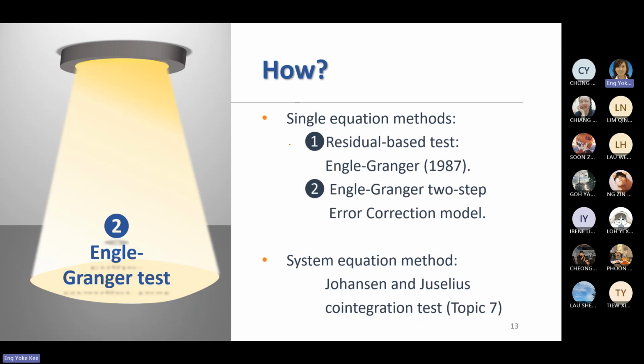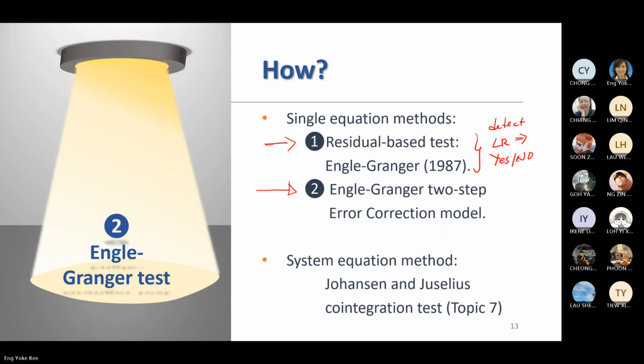In this topic, we are going to look at the simple residual-based Engle-Granger test, and then I want to introduce you to another single equation approach, the Engle-Granger ECM approach. The key difference between these 2 is that the first can help us detect a long-run relationship. It tells us yes or no. Is there any long-run relationship or not?